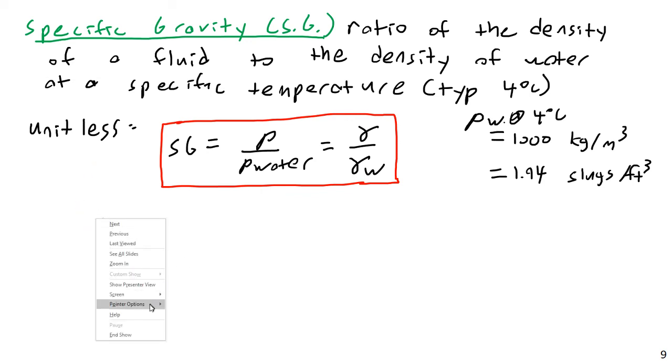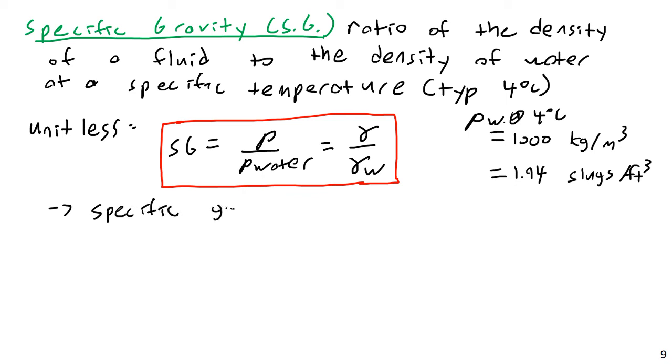And it is going to be temperature dependent, so the specific gravity of fluids can change with temperature. If I increase the temperature, the density of fluids generally decreases, but they don't necessarily all decrease by the same amount.